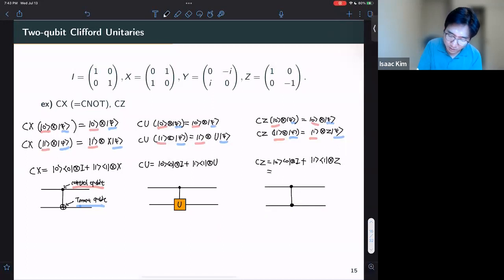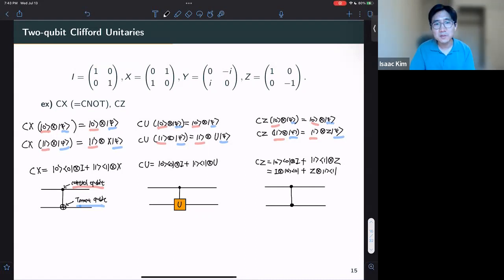So you can verify that this is actually equal to this. So that they're the same. So that's why it doesn't make sense to say that one of them is control and the other is target. So these are the diagrams.